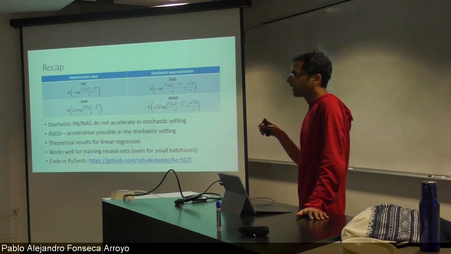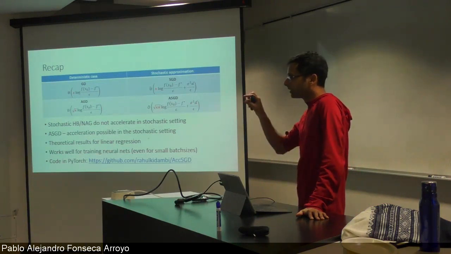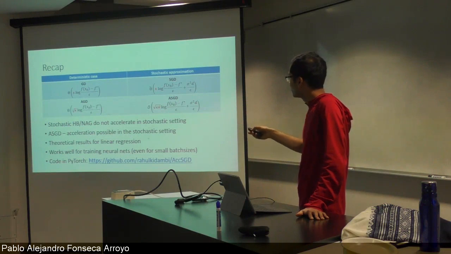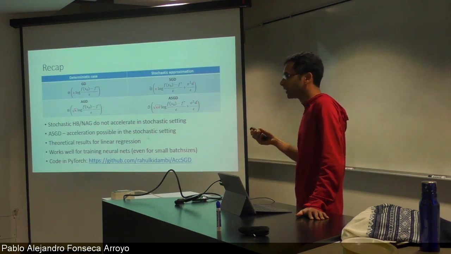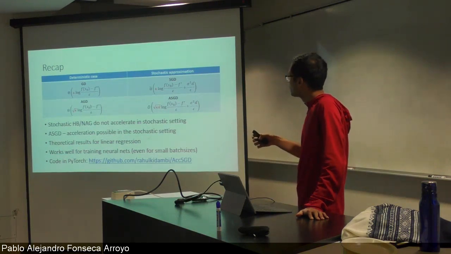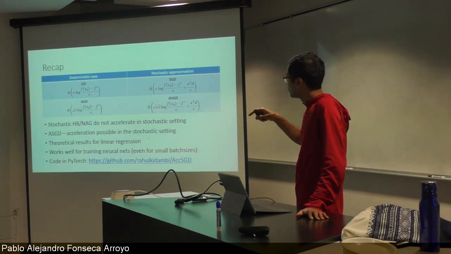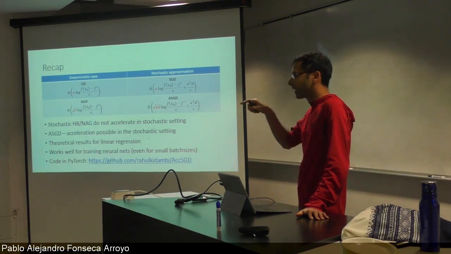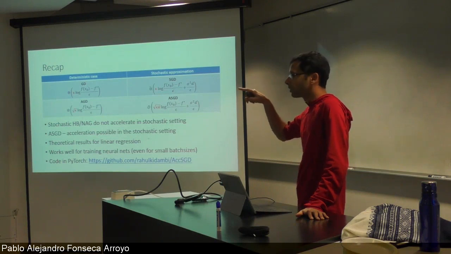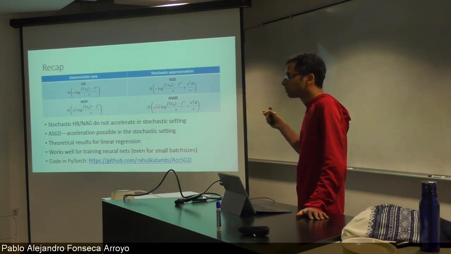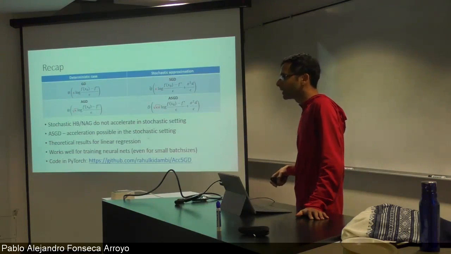You can look at it as a small learning rate, which corresponds to the usual learning rate, 1 over smoothness, which is the same learning rate you would use in SGD. And then there is a large learning rate, a long step, which is the small step times square root of kappa twiddle, and then there is one more parameter. If you want more details, I'll be happy to share.